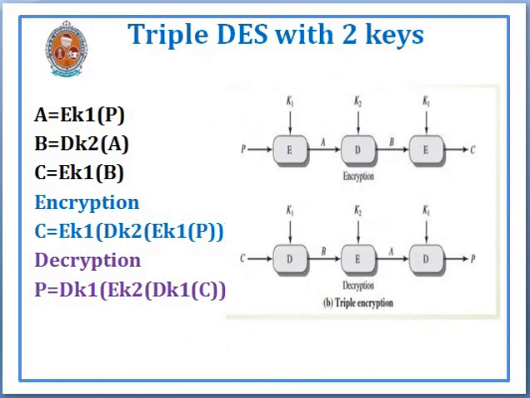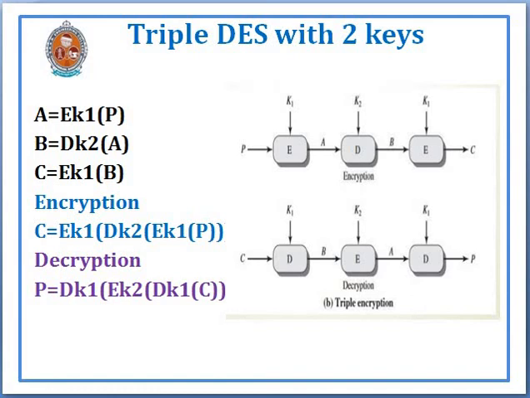And this diagram shows a triple DES with 2 keys. Here first we consider the plaintext P, which undergoes the encryption process E with K1. The output is, suppose, A, which undergoes the decryption process with K2, and the output is B, which is again given to the encryption process with K1, and the output is ciphertext C. Here we use the encryption, decryption, encryption processes with K1, K2, K1 to get the ciphertext.